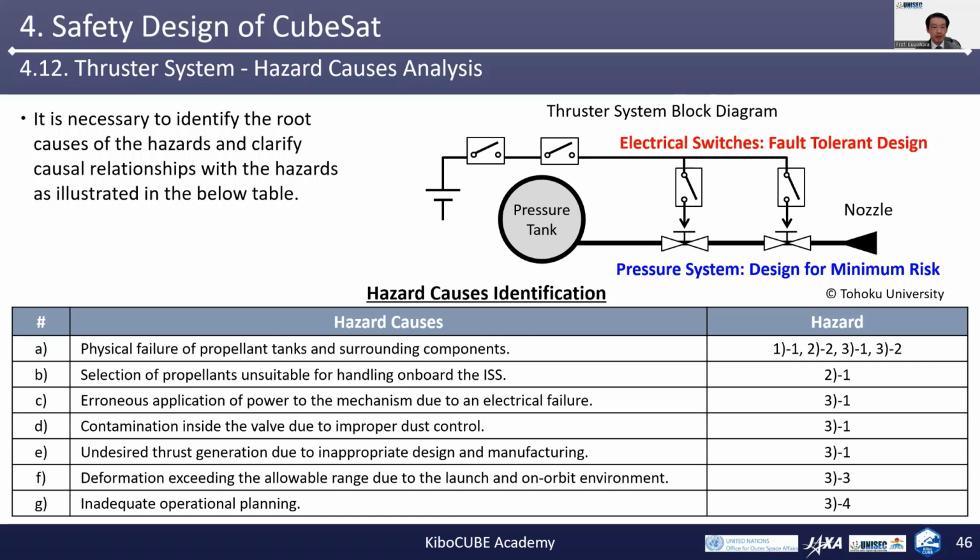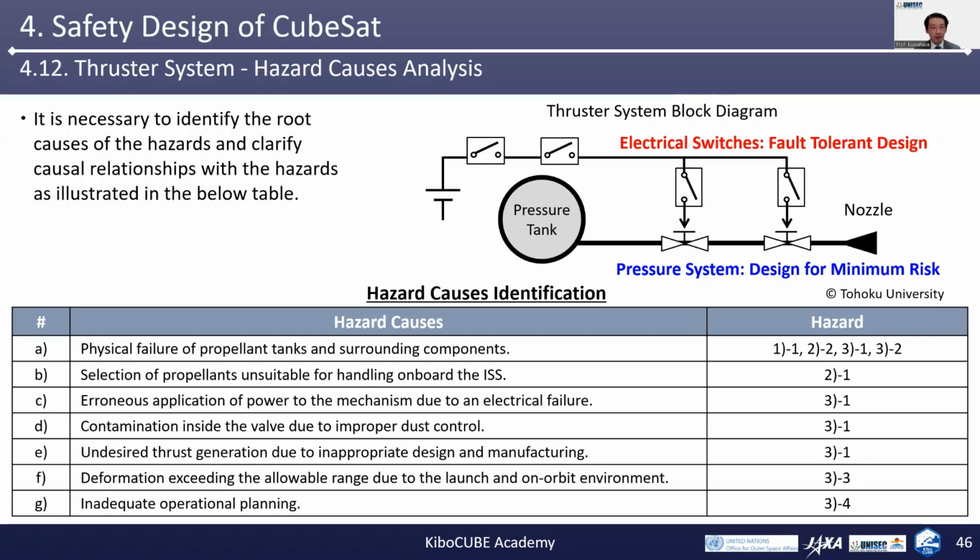The fifth one is the undesired thrust generation due to inappropriate design and manufacturing. The sixth one is the deformation exceeding the allowable range due to the launch and on-orbit environment. The seventh and last one is the inadequate operational planning.